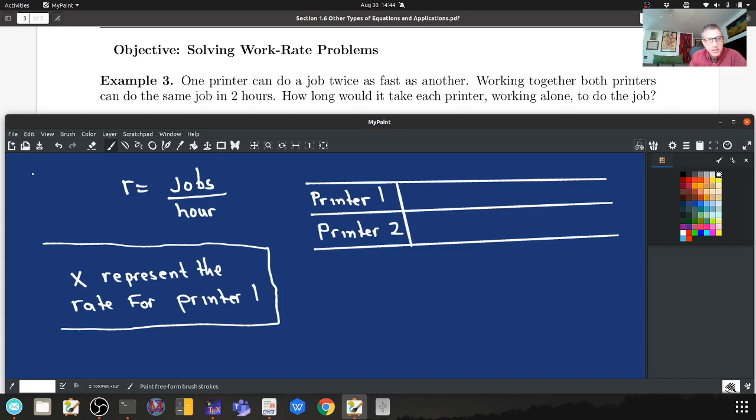We have R is equal to J over T, where T stands for time. So I'm going to put J for the number of jobs, T for the time in hours, and R for the rate. And remember that R is J divided by T.